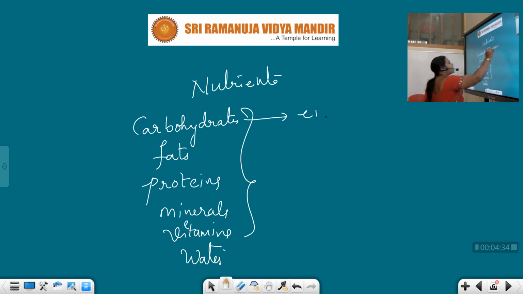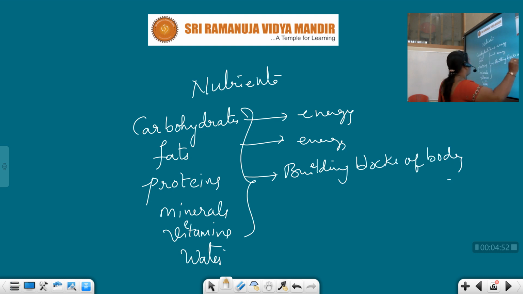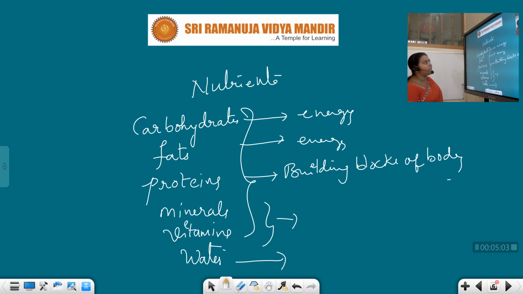Students, carbohydrates provide us energy, and fats also give us energy, whereas proteins act as the building blocks of the body. Minerals and vitamins make the organism carry out all the functions properly, and water is very essential for the living creature.